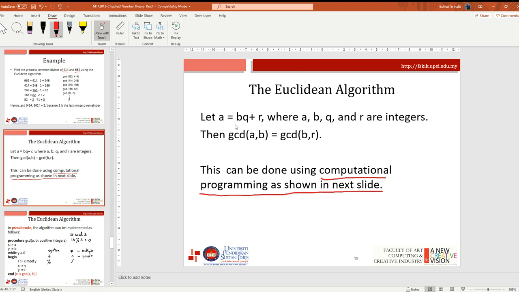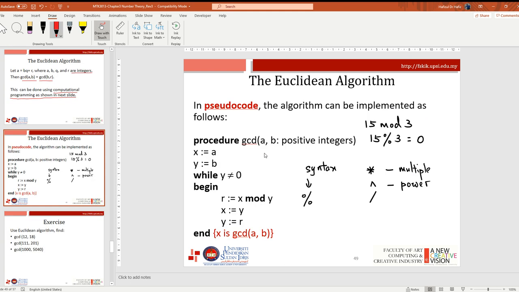We let A equal B times Q plus R, where A, B, Q, and R must be integers, and then GCD of A and B equals GCD of B and R. This is the Euclidean algorithm in pseudocode. In the pseudocode, you can see the procedure GCD of A and B must be positive. Okay, 15 mod 3 is 0. The syntax is modulus, and star is for multiply, here as a power.